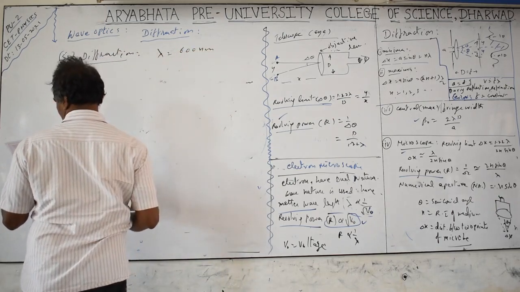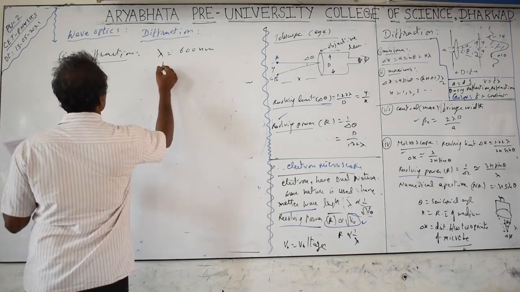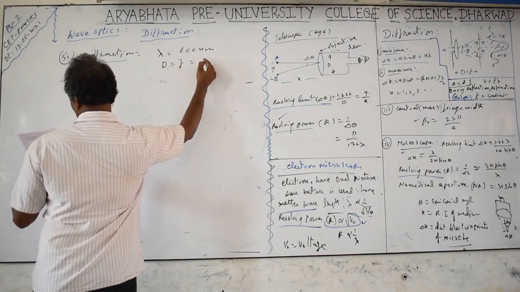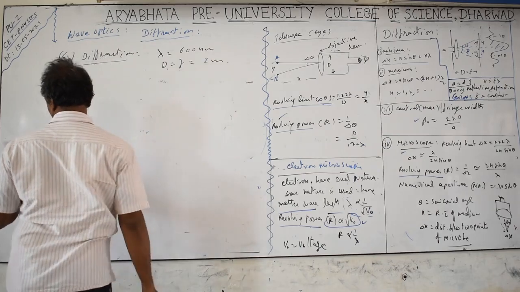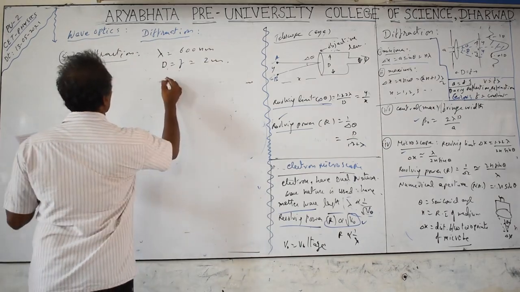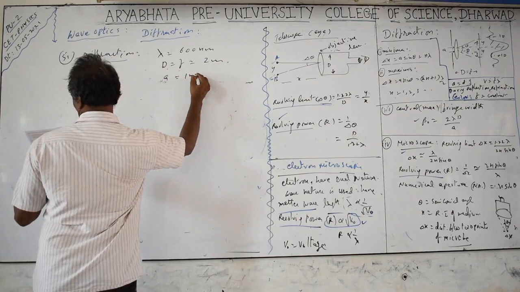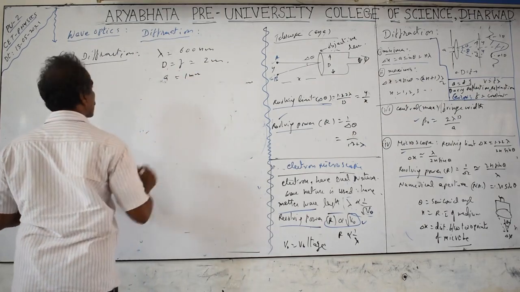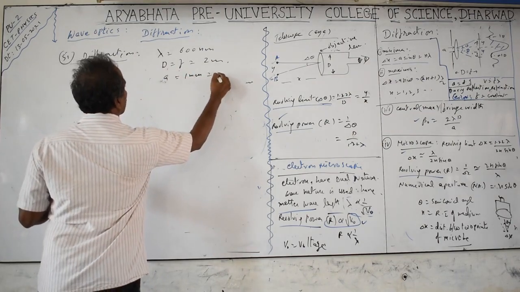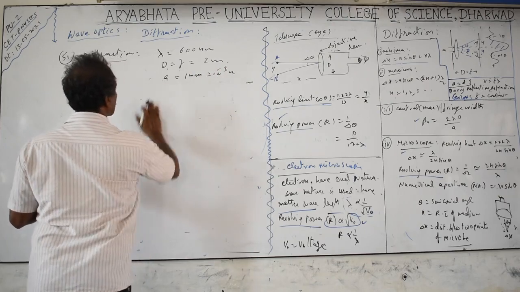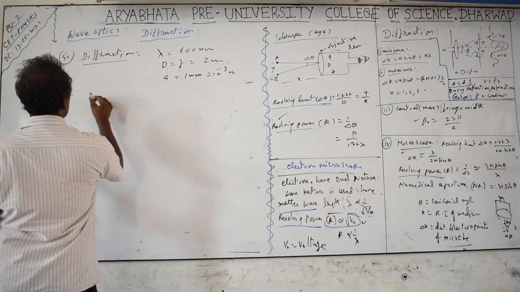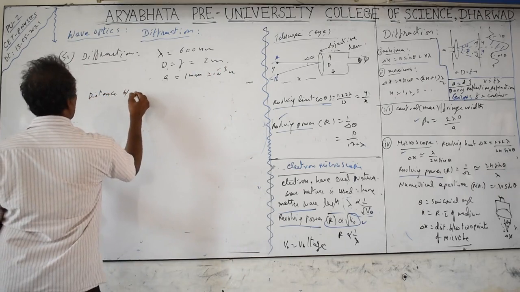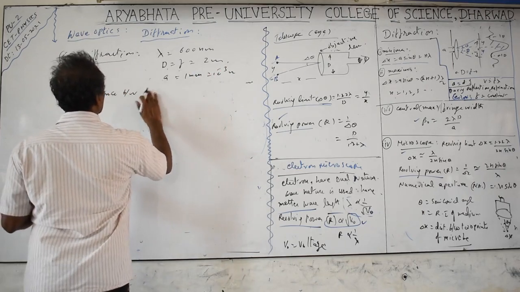D equals f equals 2 meters, and slit width a is equal to 1 millimeter, 10 to the power of minus 3 meters. You are asked to find the distance between the two first minima.